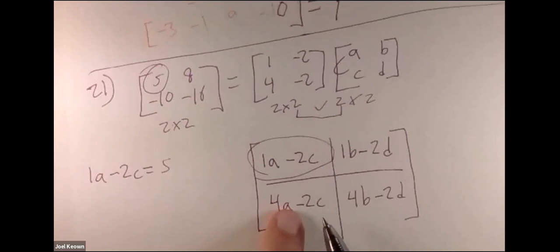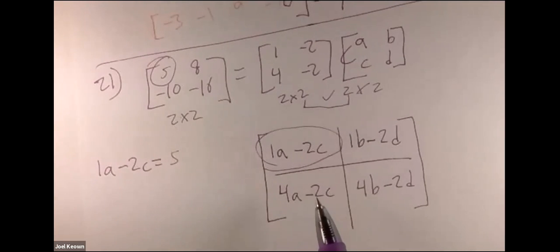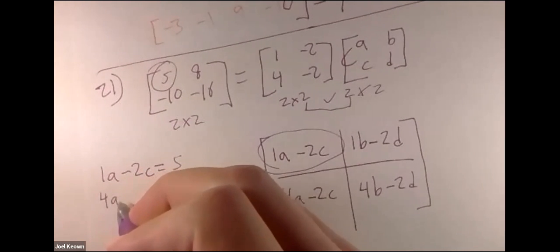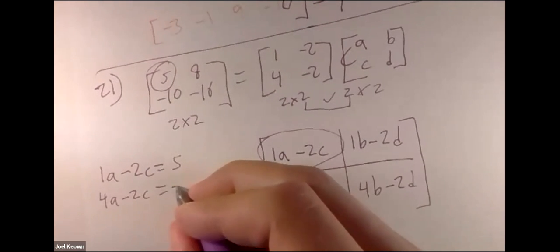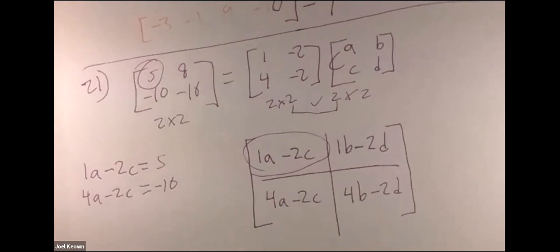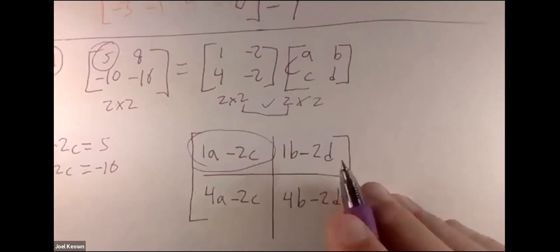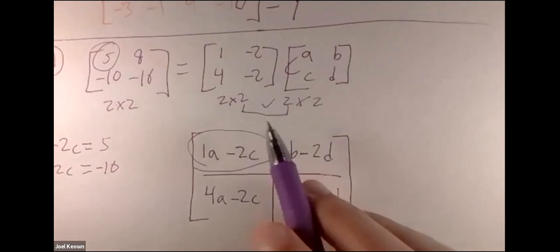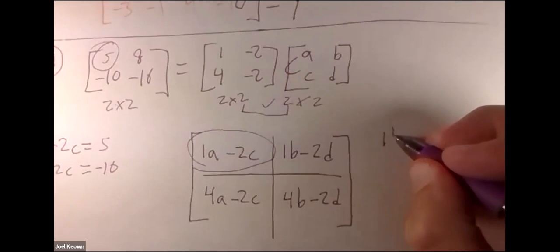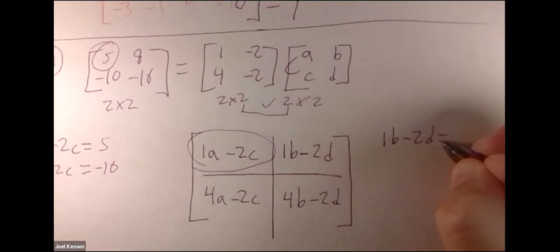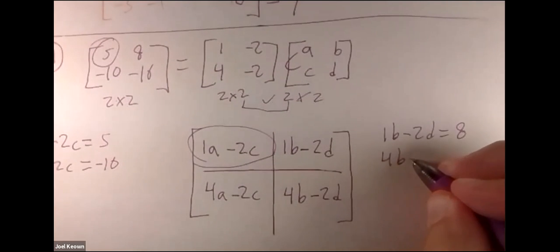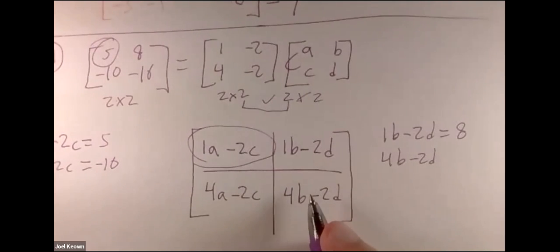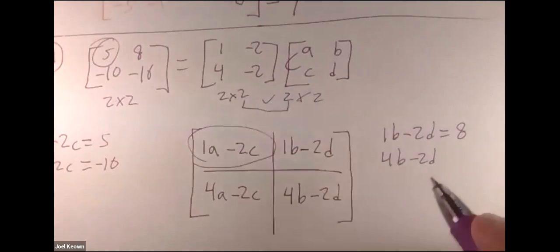This one also has an A and a C. So over here, I know that 4A minus 2C has to equal negative 10. Over here on the other side, I'm going to do the same thing with these. This one right here has to equal 8. 1B minus 2D equals 8. Also, 4B minus 2D, this one right here, has to equal negative 16.